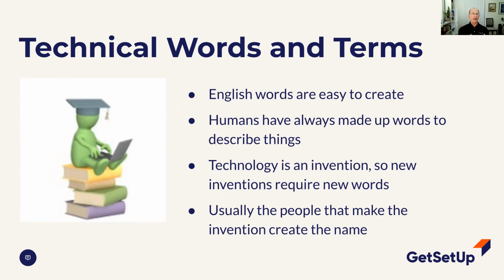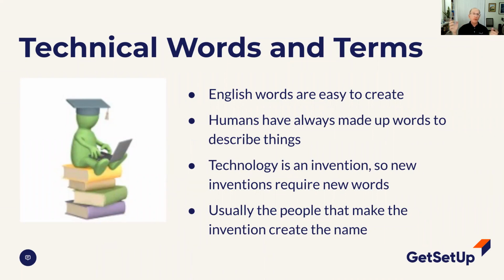Now, I've explained hundreds of technical terms to people over the years teaching about technology, and the English language is really good because it lets us make up new words pretty easily. We can combine consonants and vowels and sounds and come up with a new word all the time.